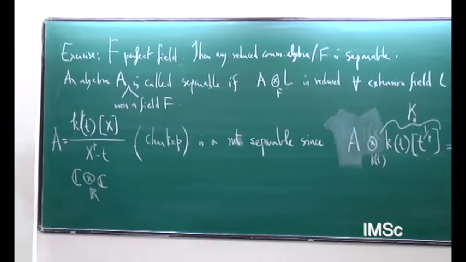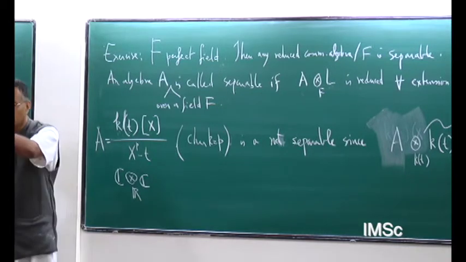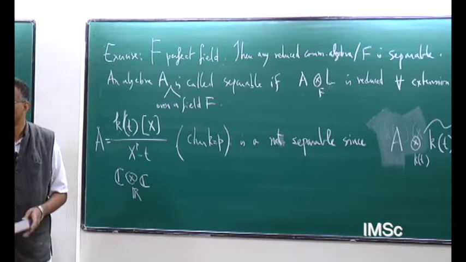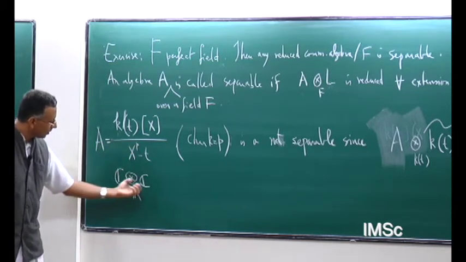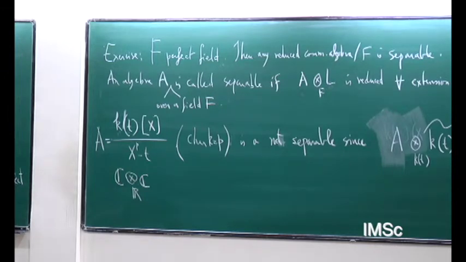What is that equal to? It's a standard exercise when you study tensor products. You think of one as R[x] modulo x squared plus 1, and the other as a field.